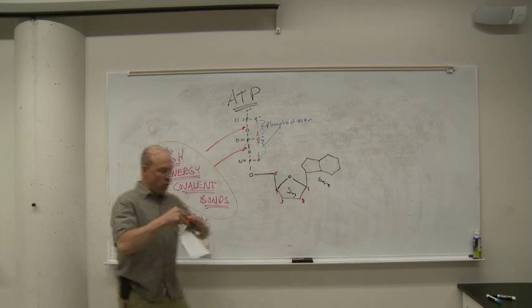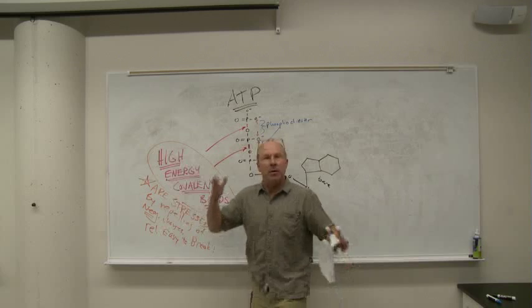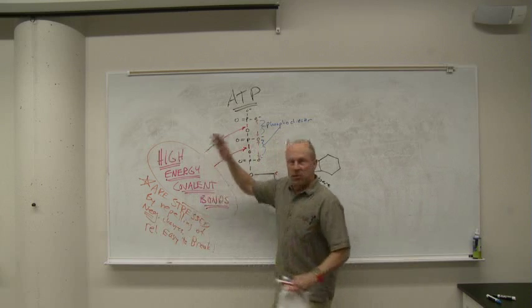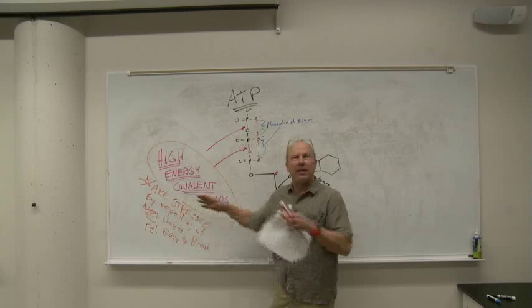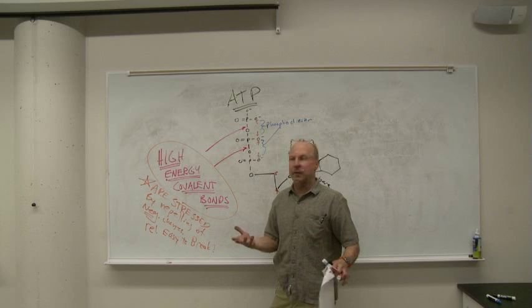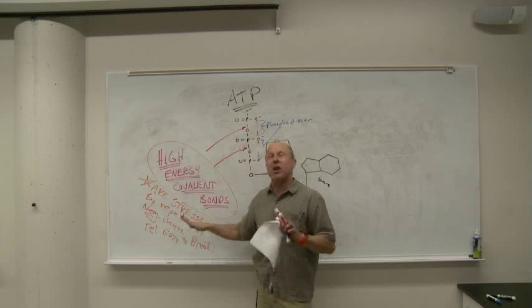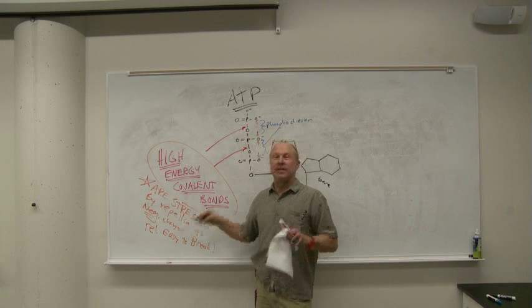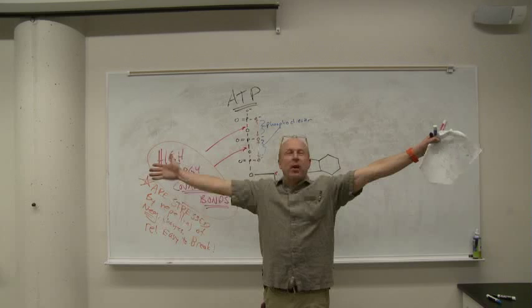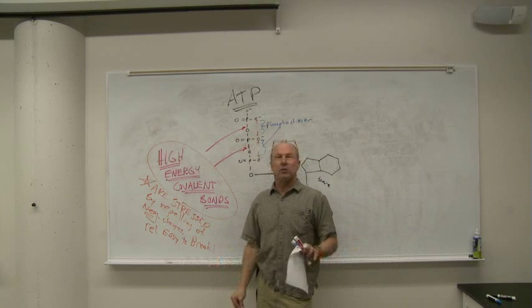And when you break a covalent bond, a chemical bond, that energy's got to go somewhere. Energy, thermodynamics. You break a bond, it's got to go somewhere. And what kind of reaction do you think it is when we break one of these? It's a give-energy-off kind of reaction, aka an exothermic reaction.